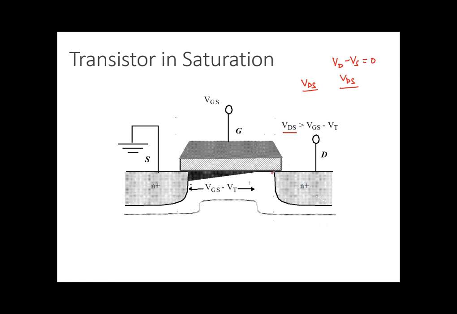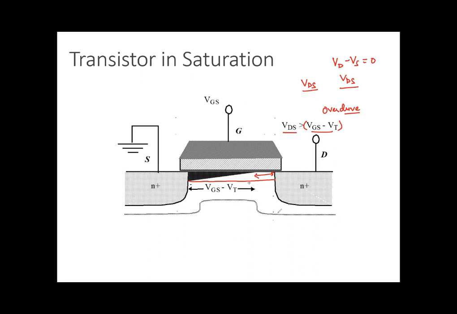This is going to be negative, this is going to be positive. So this is actually changing the demography of your channel from this to this. And if you further increase the value of VDS greater than this particular voltage, this is called overdrive voltage, then what happens? Your channel starts being pinched off.